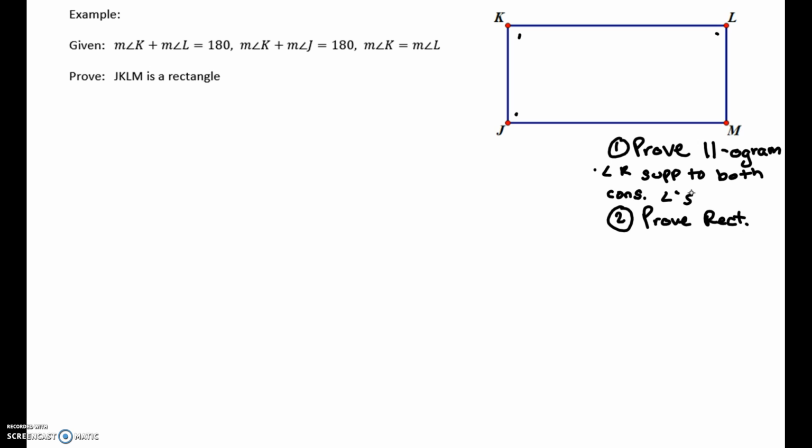Then they tell me that angle K is equal to angle L. Well, this is going to allow me through a whole lot of use of transitive property to prove that all my angles are congruent, which will allow me to prove that it's a rectangle. So this is kind of the plan for this proof. So let's take a look, guys.